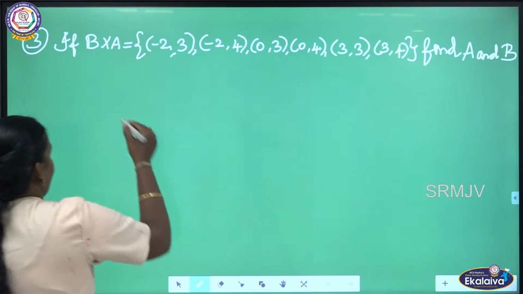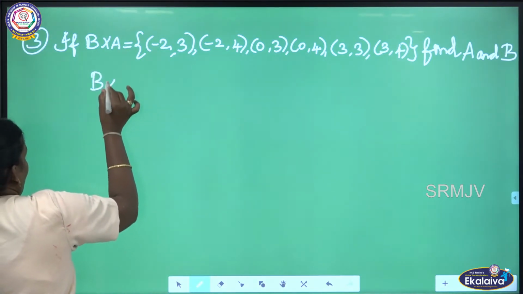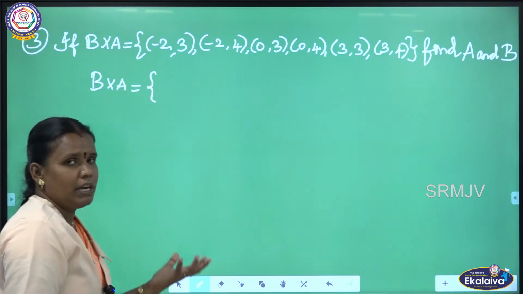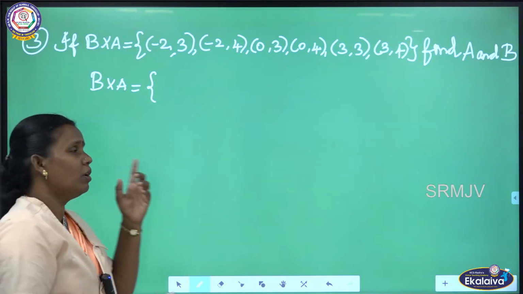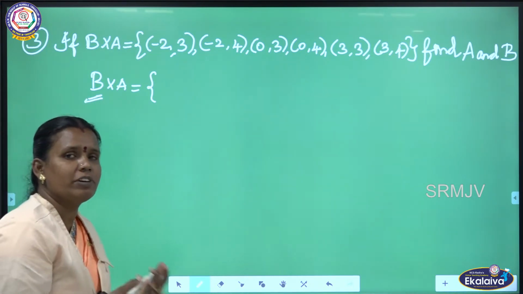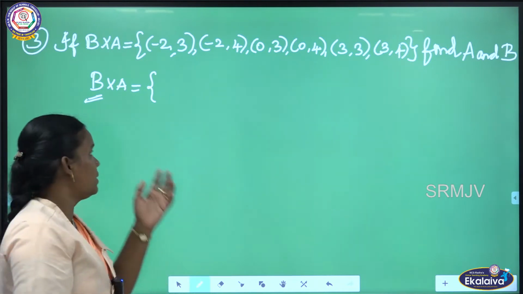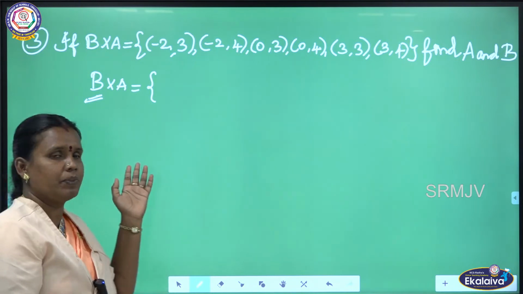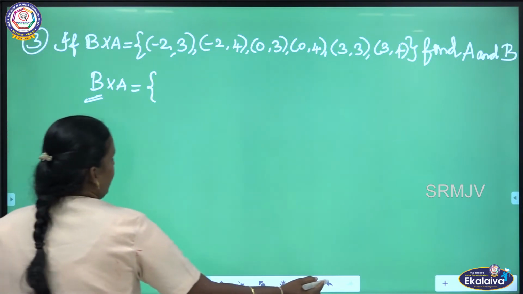So here first I will write this question again, B cross A, because from that cross product only we are going to take the coordinates. The first coordinate will belong to which set? Here they have B. So each and every first element will belong to the set B and each and every second element will belong to the second set A. Are you clear?